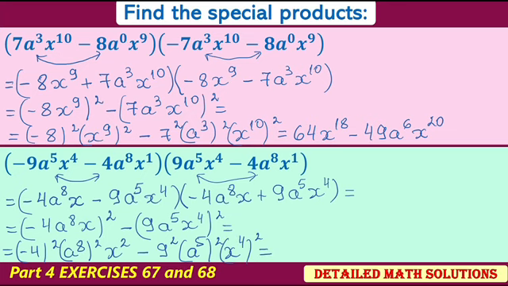This simplifies to 16a to the 16th power x squared minus 81a to the 10th power x to the 8th power.